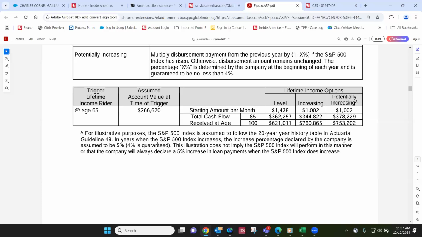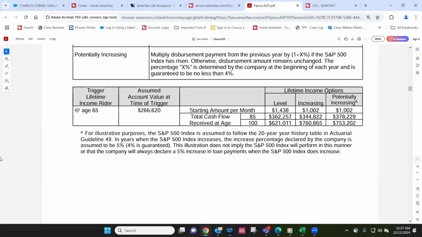Keep in mind it's non-taxable because this is treated as a policy loan. So he is not having to pay taxes on that $1,400, which I think is a huge benefit when so much of our supplemental retirement income is taxable. This is a way to put some funds over in that tax-deferred or tax-free category.